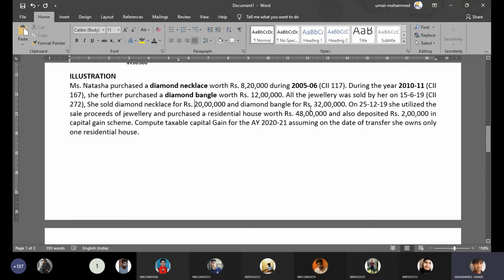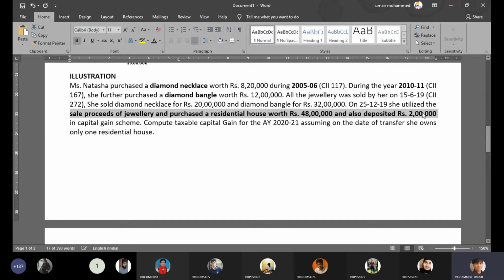And from the money she has realized, she has purchased a new residential house property. So from the sale proceeds of jewelry, she has purchased a new residential house property, and she has also deposited money in the capital gain scheme.